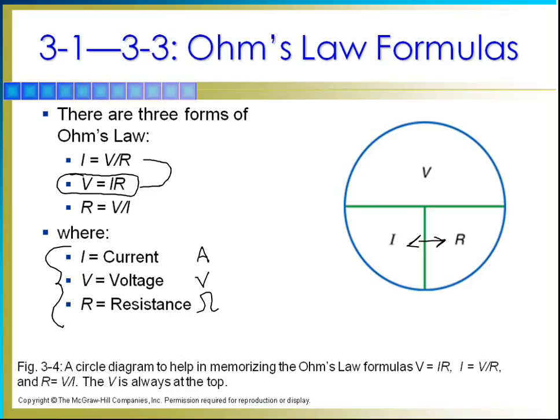But using Ohm's law to derive a formula for current, we see that current equals voltage over resistance. And deriving the formula for resistance, resistance equals voltage over current. Now this should be something that becomes second nature to you, because Ohm's law is the basis of all the electronics going forward.